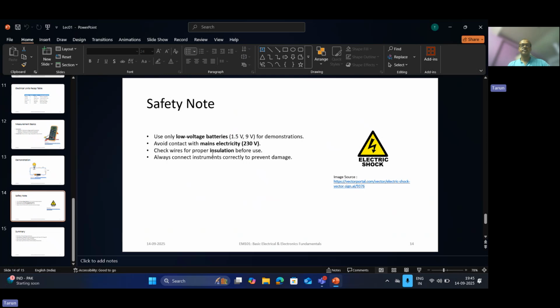We have to check it first before using any instrument. Always connect instruments correctly to prevent damage. It is a mandatory safety point.